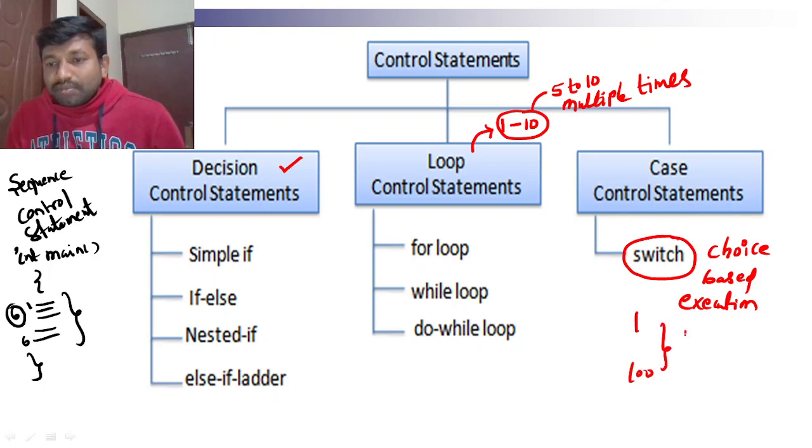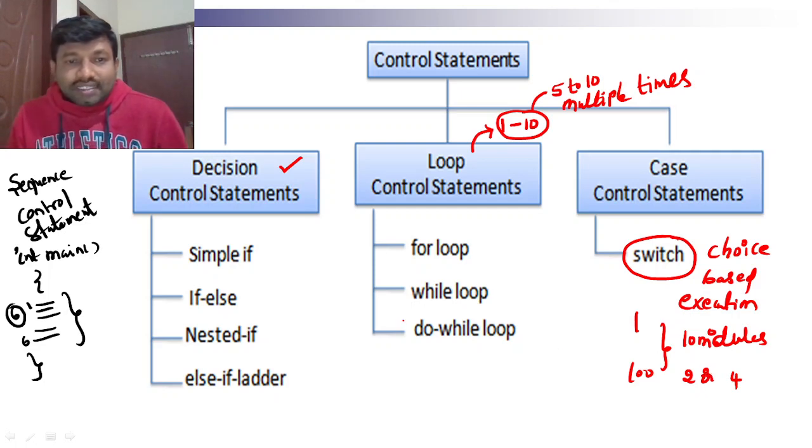Imagine each module has 10 instructions. Based on the user choice, you are going to execute the specified module. Maybe you may execute module 2 or module 4. So based on the choice given by the user, you execute some set of instructions.